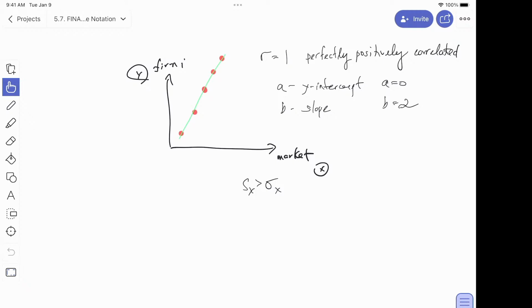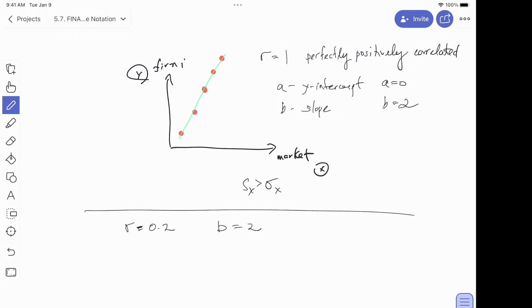The meaningfulness of the slope depends on the correlation. So let's say you have an R of 0.2 and a B of 2.